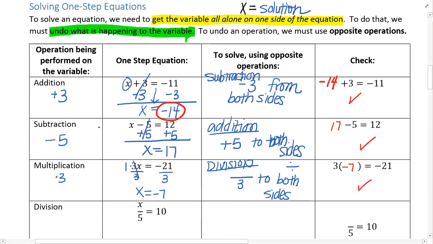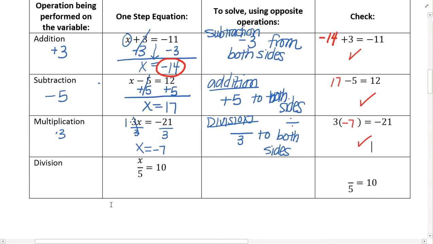All right, last but not least, we have division. This is dividing by 5. Remember, we're not going to really see this symbol much anymore, or at all. Instead, you're going to see this. So we're dividing by 5. The opposite of division is multiplication.